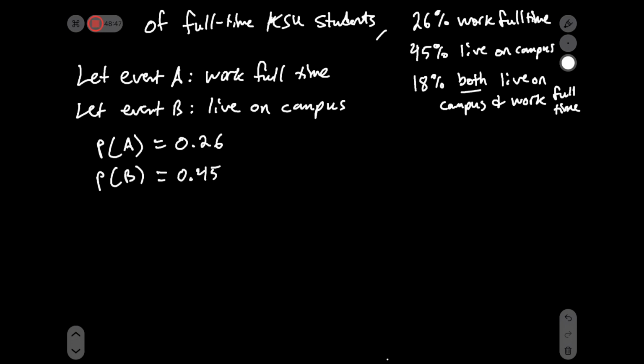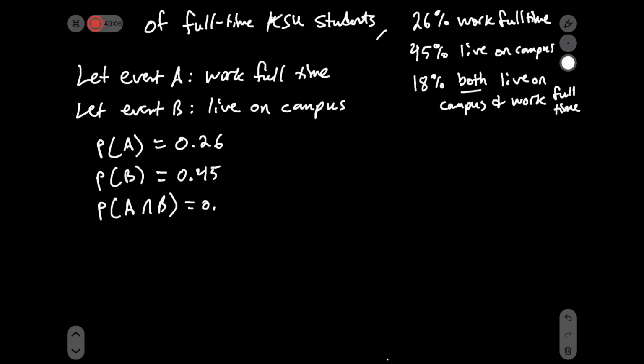And the probability of both living on campus and working full-time, okay, so the probability of A intersection B is equal to 0.18.